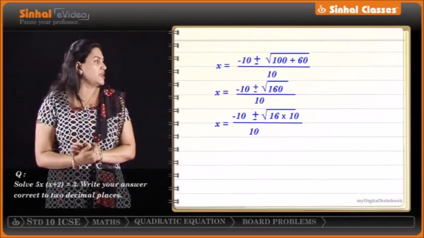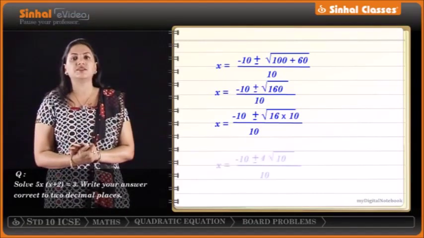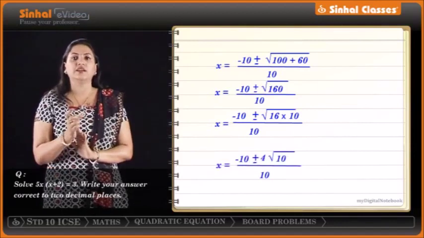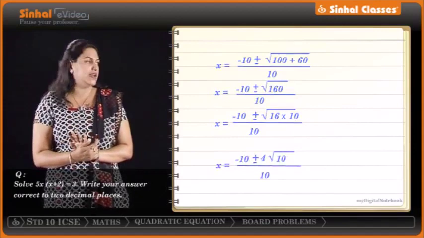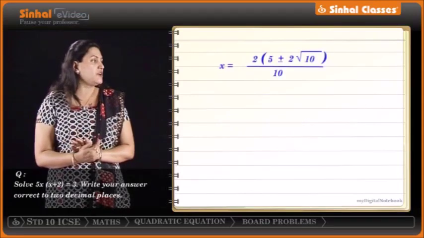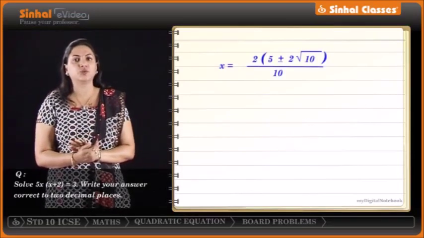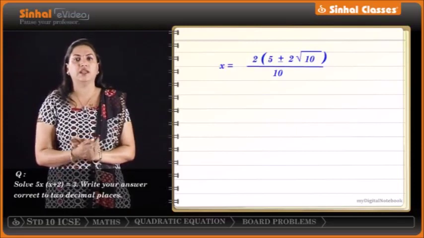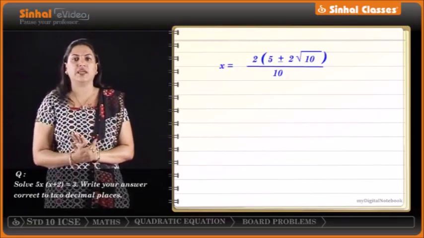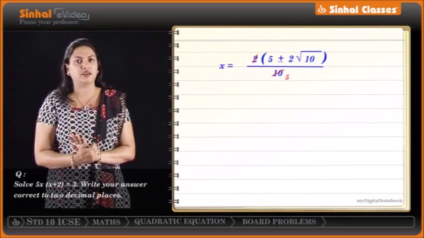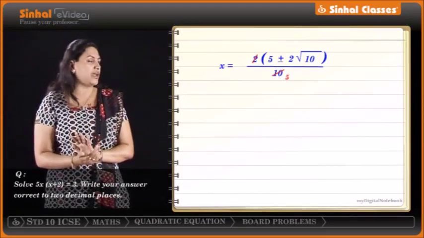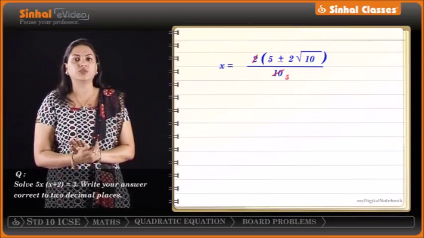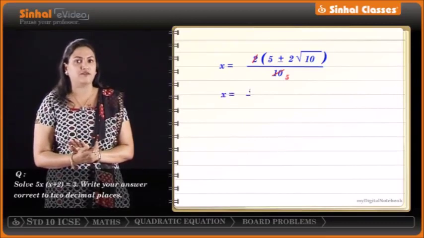So we have minus 10 plus or minus 4 root 10 upon 10. Now from the numerator we can remove 2 common. We are left with 5 plus or minus 2 root 10 upon 10. Now cancel 2 and 10. We are left with 5 in the denominator. So the next step becomes 5 plus or minus 2 root 10 upon 5.